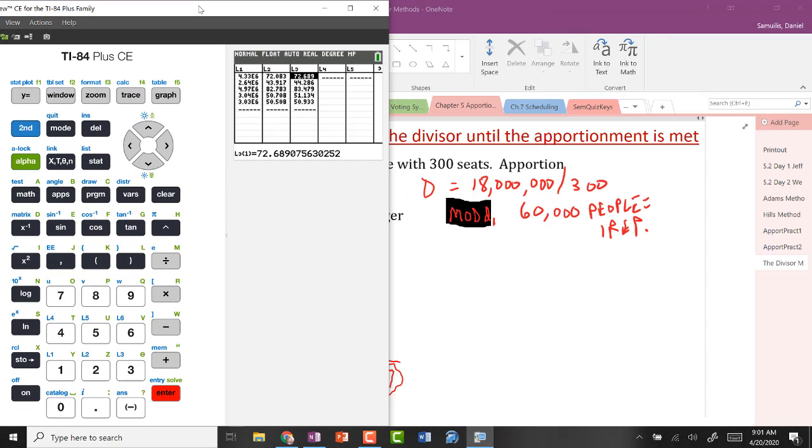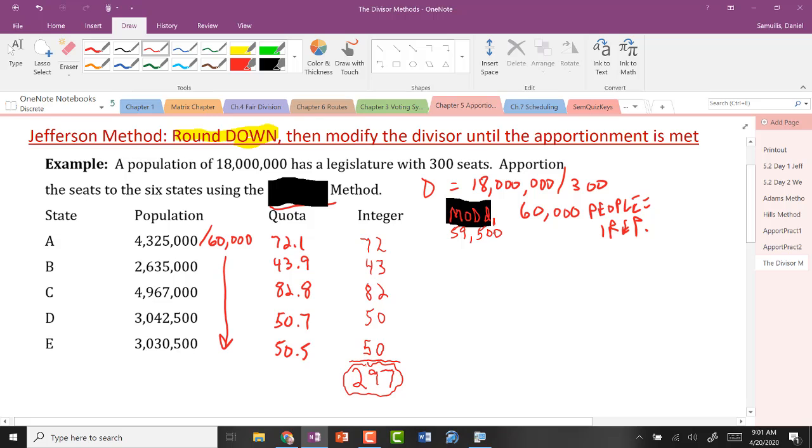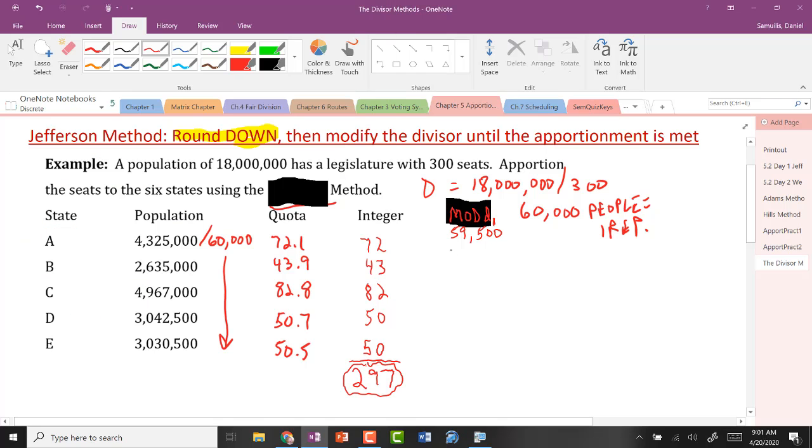My modified divisor was, what I tried was 59,500 instead of 60,000. And I ended up with 72.6, which is still 72, or 72.7, which is still 72, no change.